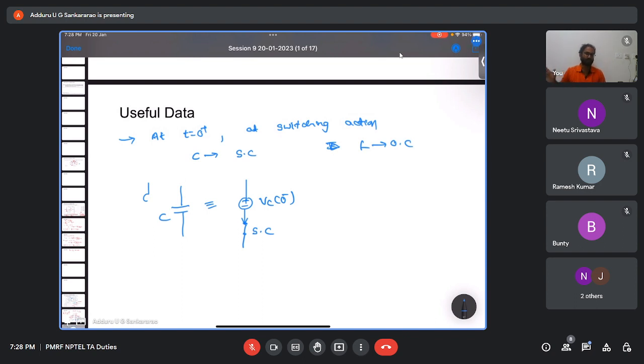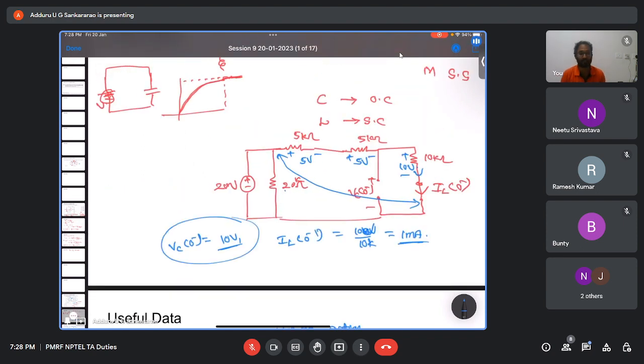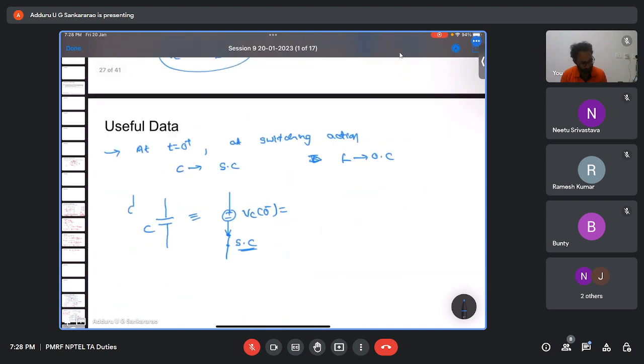It has some stored voltage till t equal to 0 minus. It suddenly cannot discharge, right? It takes some time. The switching action took place, but suddenly the capacitor cannot discharge or charge. So the capacitor acts as a short circuit, but there is a series voltage because we have found out here that at steady state the capacitor is having some 10 volts. So I can replace it with a capacitor in series with the voltage source. But the capacitor here is short circuited. Here you should have a capacitor, but it's short circuited at the time of switching.